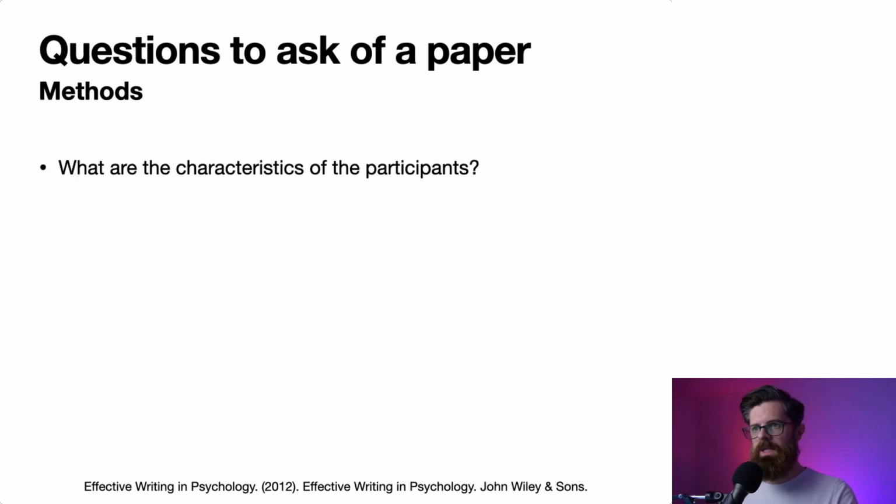What about the methods section? I mean, there's an awful lot to say about the methods of a study, and this will very often be study specific. But in terms of general advice, an interesting thing to think about is, what are the characteristics of the participants?